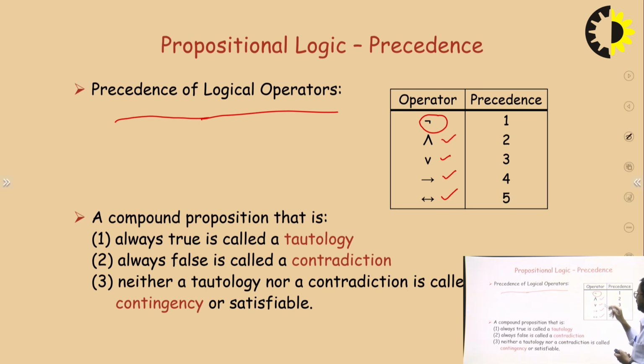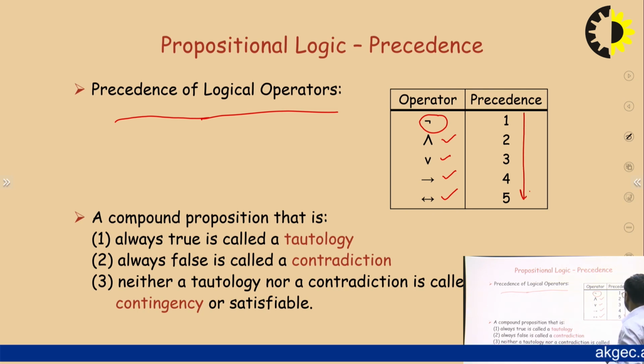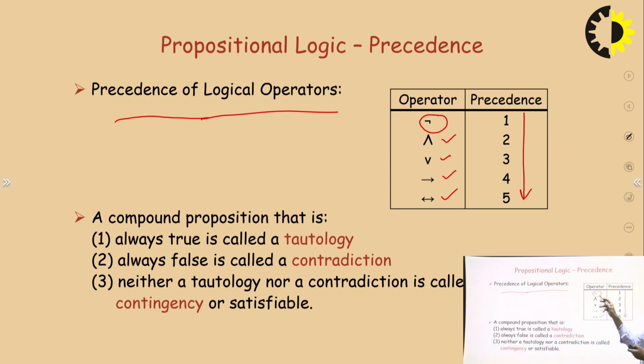When a lot of logical operators are used, we follow this structure on the basis of precedence. Firstly we solve the negation, then logical and, then logical or, then implication, and last the biconditional statement.